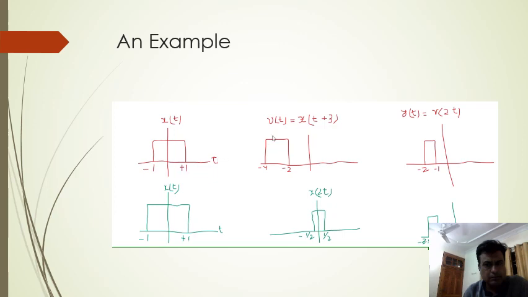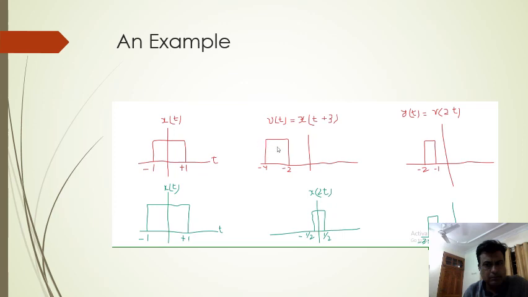We are going to transform this signal into a y of t which is x of 2t plus 3. So the operation we are going to perform has to time shift as well as time scale the signal.